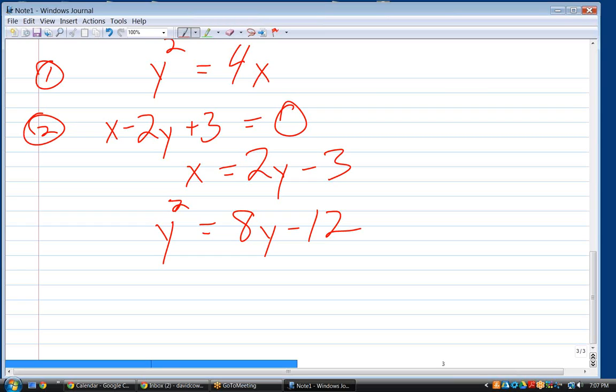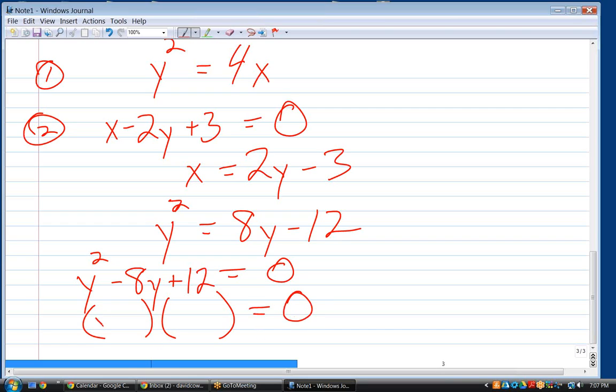With quadratics, you always want to get everything on one side and 0 on the other. Factor that. y minus 6, y minus 2. So those are my two solutions, but before we settle on them, let's check them.